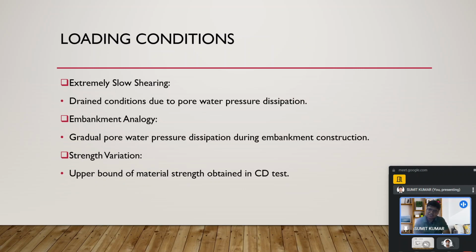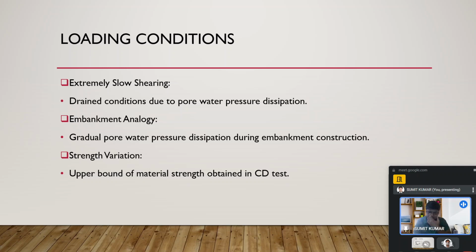Another important point from the loading condition is that this process is extremely slow shearing, so it is a drained condition due to the pore water pressure dissipation. And when we talk about the embankment, there is gradual pore water pressure dissipation during the embankment construction. As we know, the construction of an embankment takes a very long time, so the gradual pore water dissipation takes place during its construction time as well.